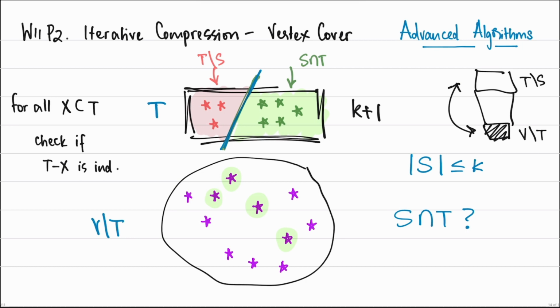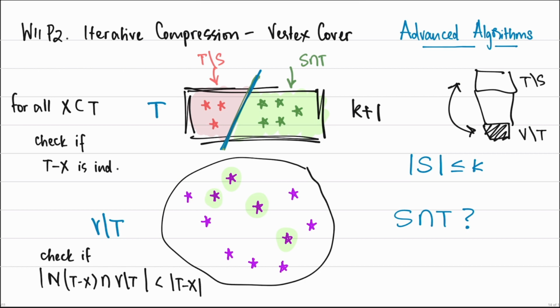But if it is, then we want to check if the neighborhood of t minus x in v minus t is smaller than t minus x.